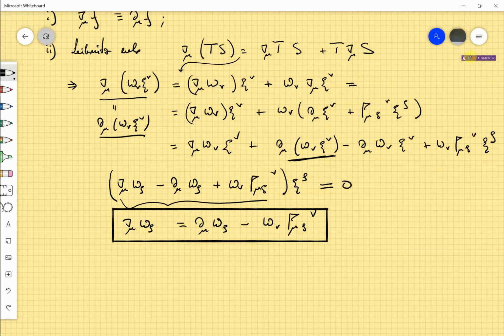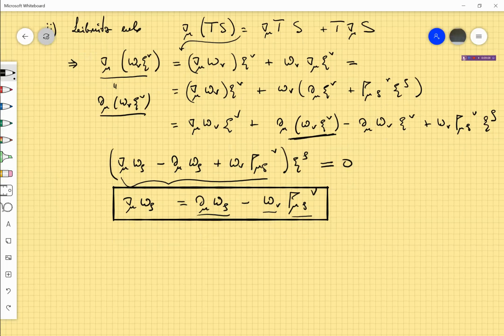The order in which I have written omega and gamma here is conventional. These are numbers, I can put them in any order. This is an operator, and this is a number, but I cannot write them in any other order, since the operator is acting on the numbers. This is completely arbitrary. But there is something to remember as a general rule. You can write this in this way.